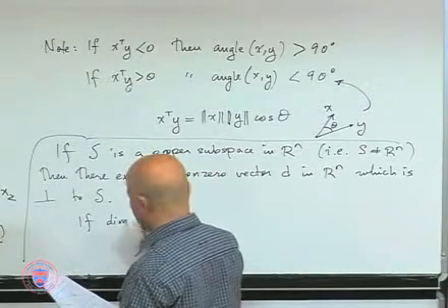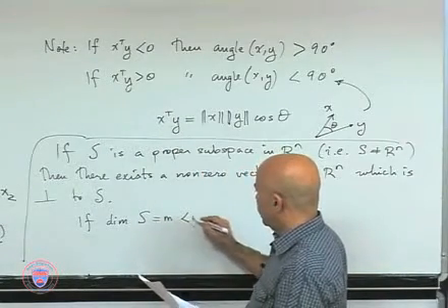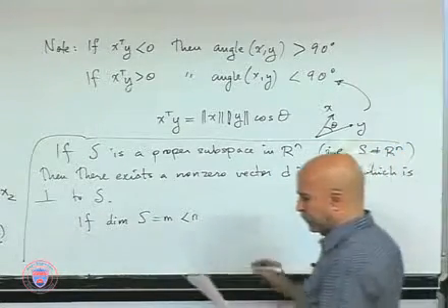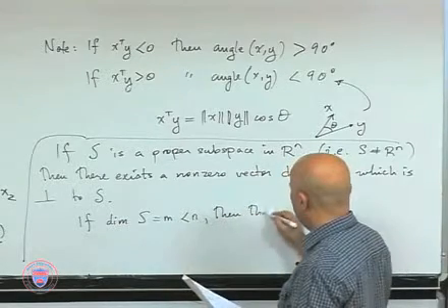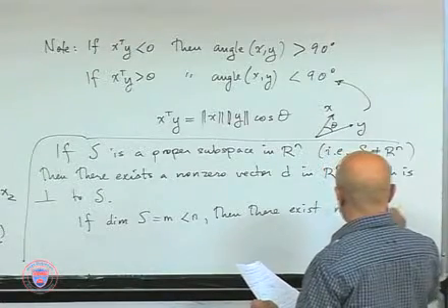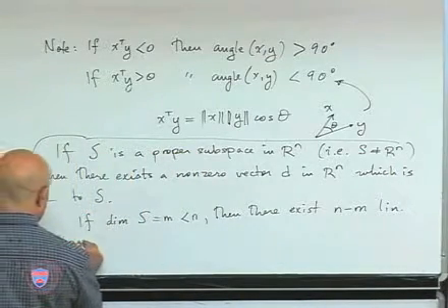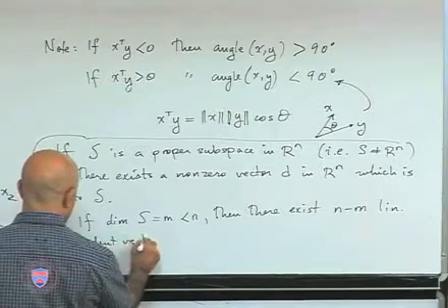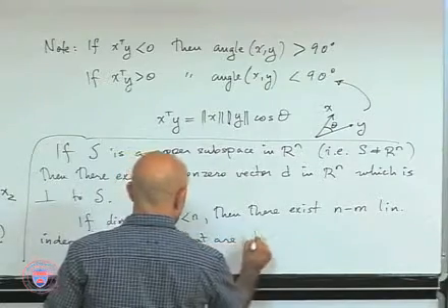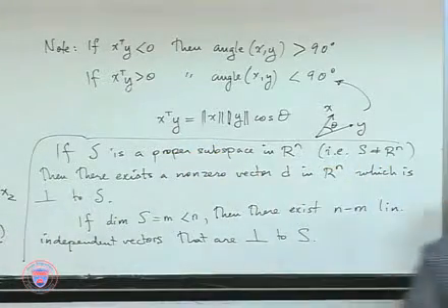If the dimension of the subspace S is, say, m, which, because it's a proper subspace, should be less than n, then there exist n minus m linearly independent vectors that are orthogonal to S. So let me just do an example here.